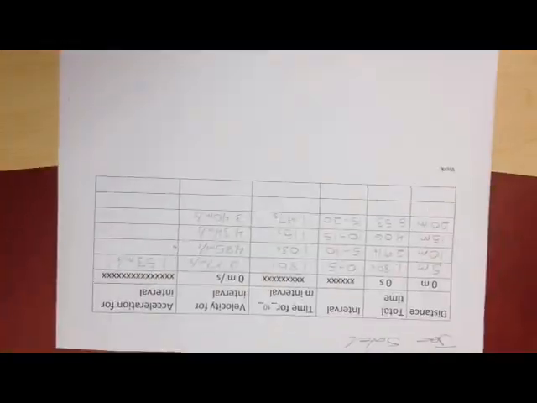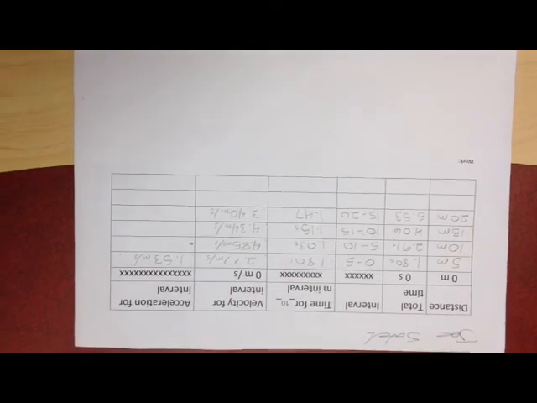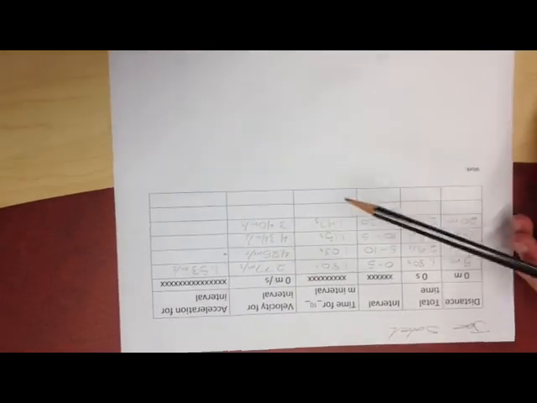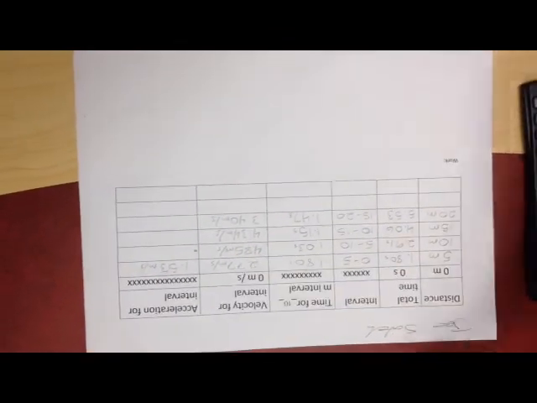For the interval of 5 meters to 10 meters, Joe had an initial velocity of 2.77 meters per second and a final velocity of 4.85 meters per second. You have to take the final velocity of 4.85 meters per second and subtract the initial velocity of 2.77 meters per second. And the difference of the velocity is 2.08 meters per second.